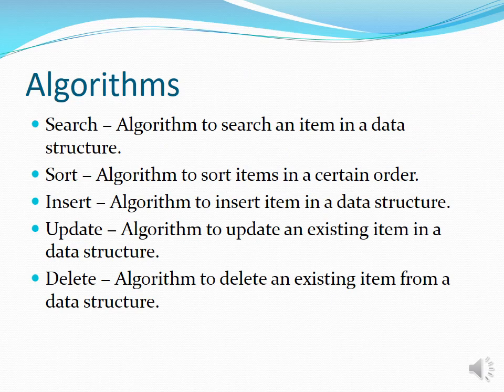There are different types of algorithms. We have search algorithms, sorting algorithms, inserting, updating, and deleting. As you will know, data is always stored in an organized manner in computer systems. So you need algorithms to be able to do various operations.